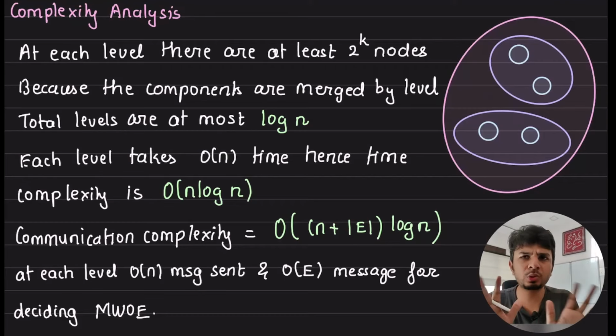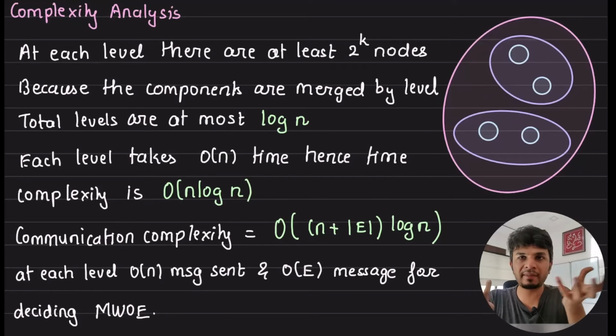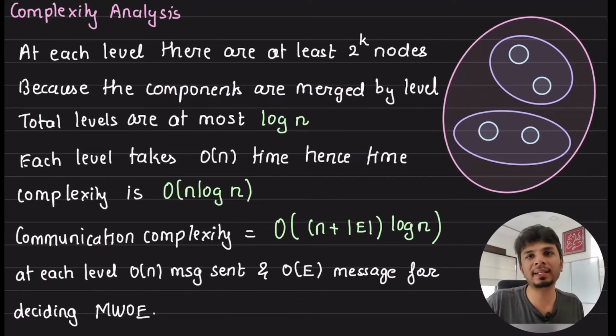Some power of 2 nodes, because you are merging one and one, then these components, each having 2 nodes, will combine to 4. So it would have at least 2^k nodes, because there is a chance that a level 0 component merges with a level 1 component, so it would have 3 nodes, but at least 2^k nodes would be there.